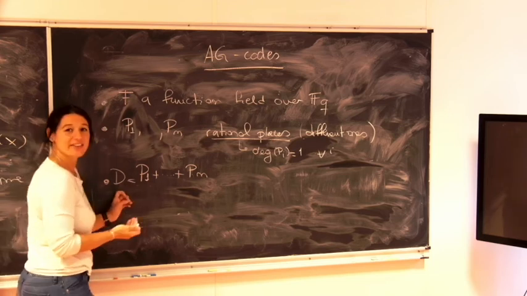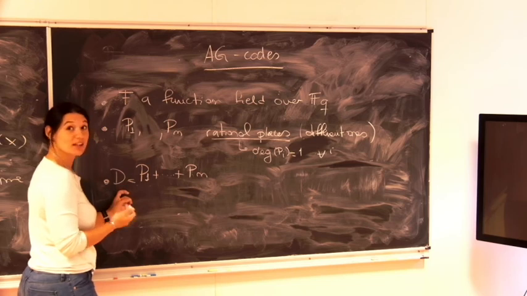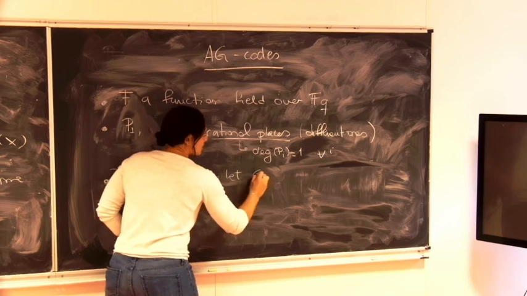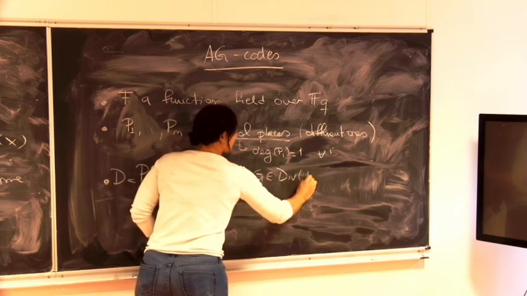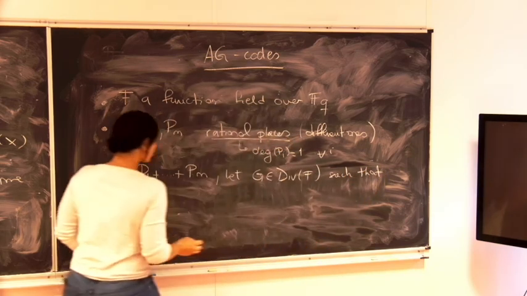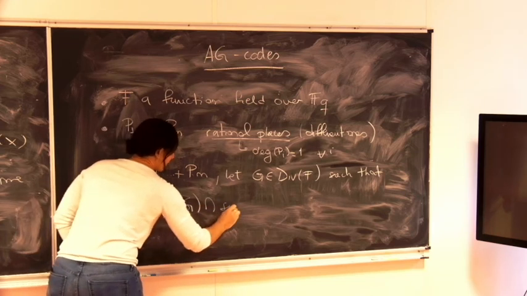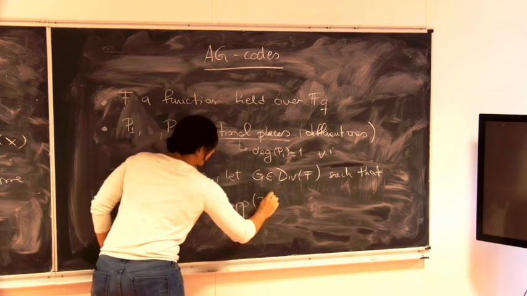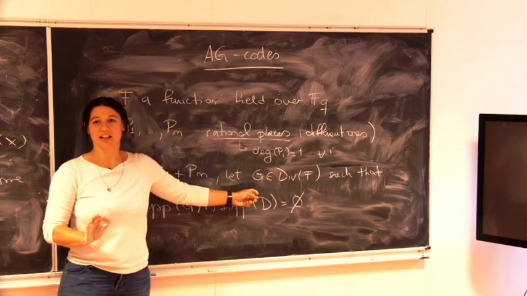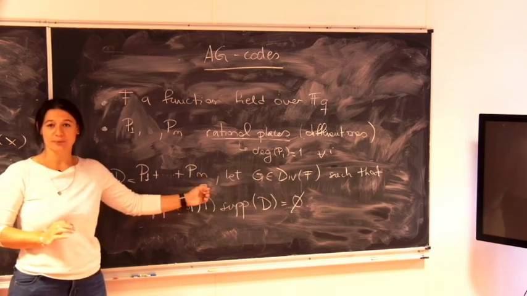And we will pick another divisor in the divisor group whose support is disjoint with the support of D. Let G be another divisor such that the support of G does not have the places in the support of D. So G can be anything, but cannot contain these rational places that I'm picking here.